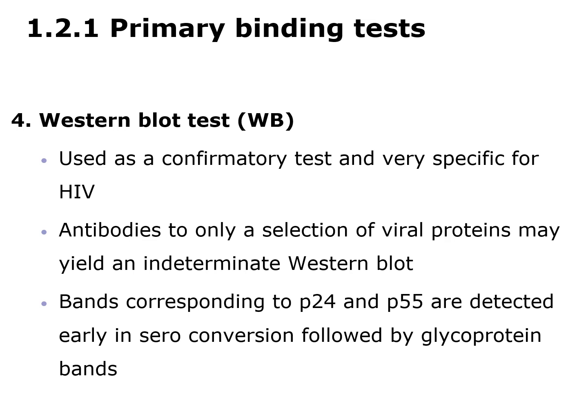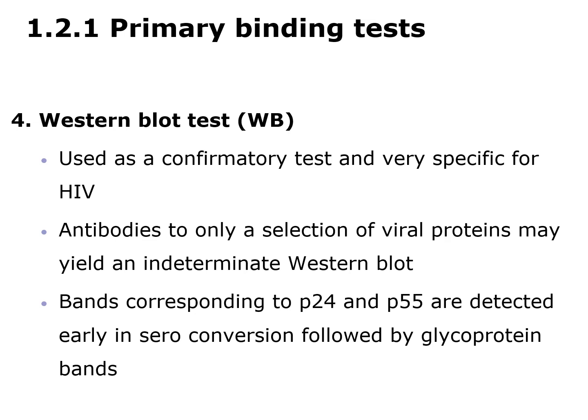Number 4 procedure is Western blot. As I've told you, ELISA was the screening test used for HIV, and in order to confirm the infection, we have to use Western blot.